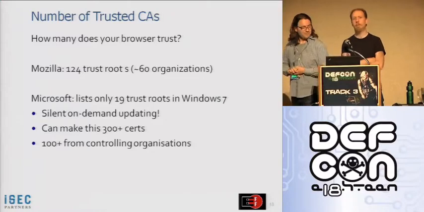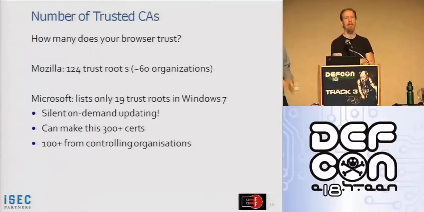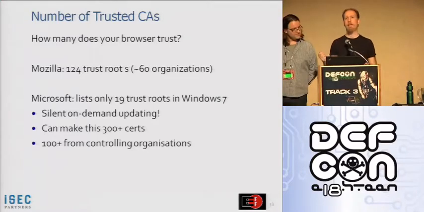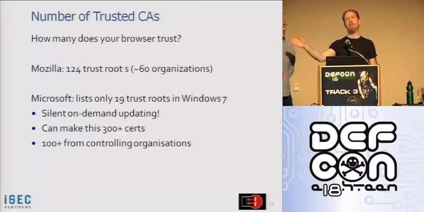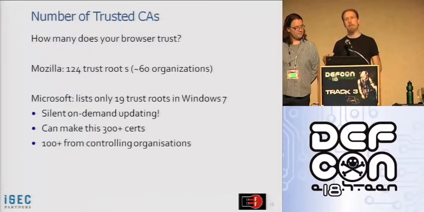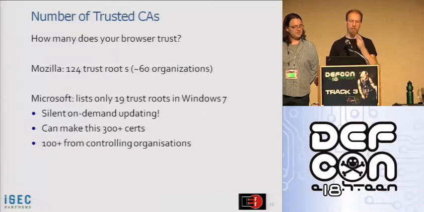Except what Microsoft actually does is, when you go to a website and the root isn't in your list of 19, IE goes and pings Microsoft and asks, should I really trust this root CA? And Microsoft has a list of about 300 of these certs that they might give you. They come from 100 or so controlling organizations.